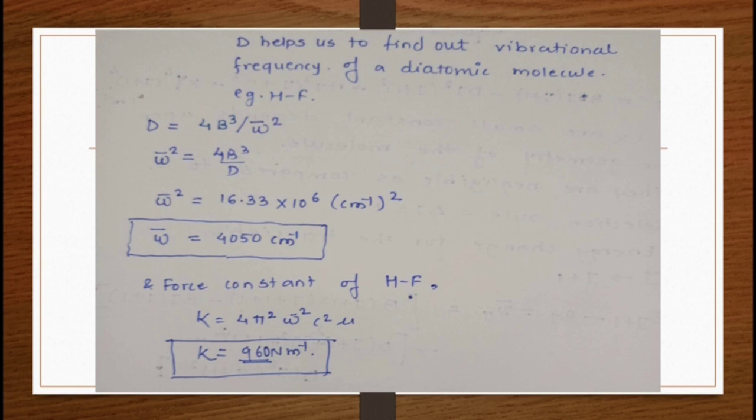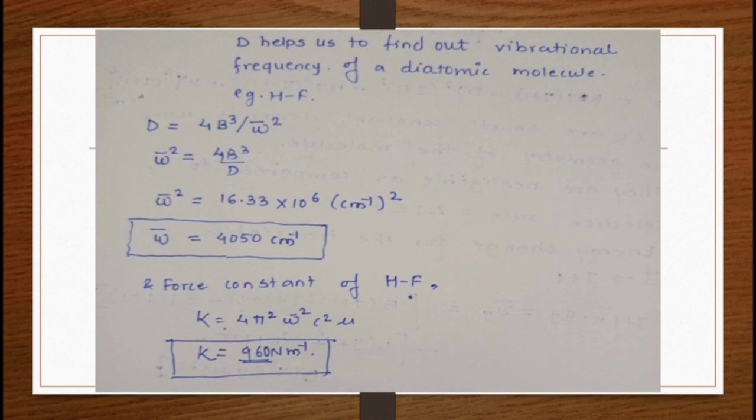Rewrite the equation of the centrifugal distortion constant, capital D, which is equal to 4B cubed divided by omega bar squared, so omega bar squared is equal to 4B cubed divided by D. So omega bar squared is equal to 16.33 into 10 raised to 6 per centimeter squared for the HF molecule, and by taking the square root we get the value of omega bar, or the vibrational frequency, which for the HF molecule is 4050 per centimeter.